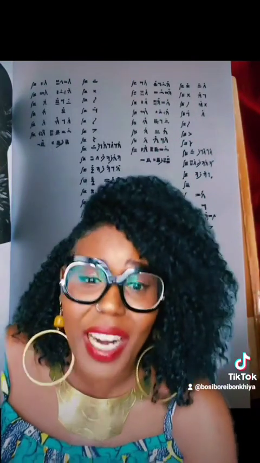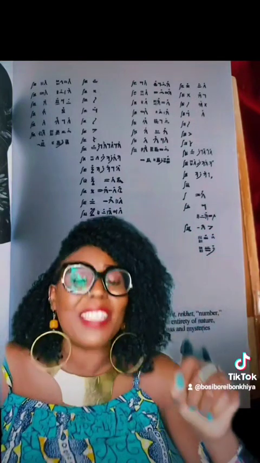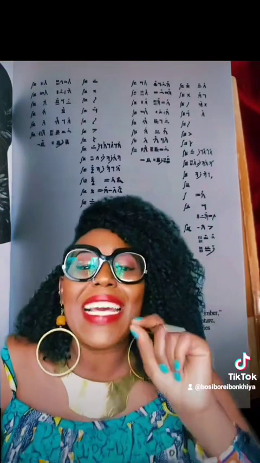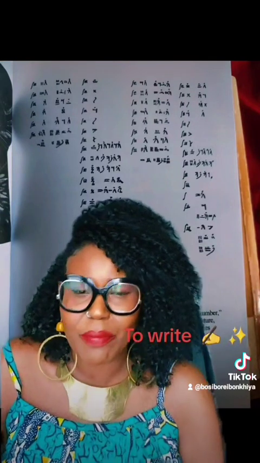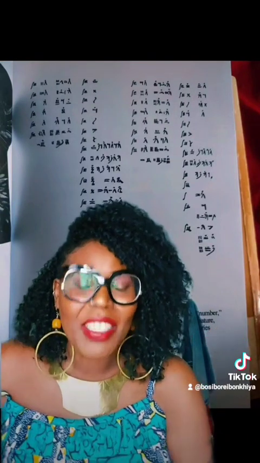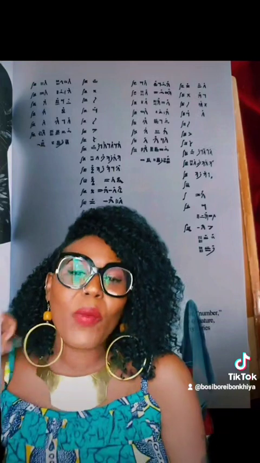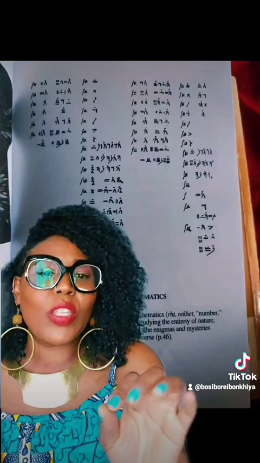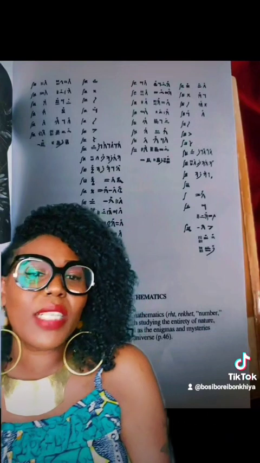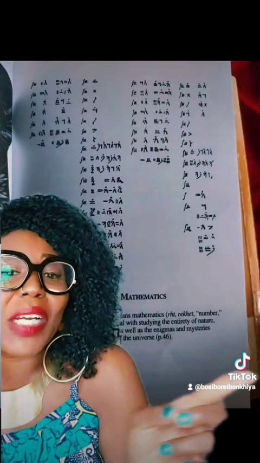Do you remember that I told you in the Ekegusi Bantu language that the word rika is to weigh, to measure, to count, or to wrestle? Okay, remember that? Now, when we come down to what Dr. Theophile Obenga describes as rechet, it's really a combination of two words again.